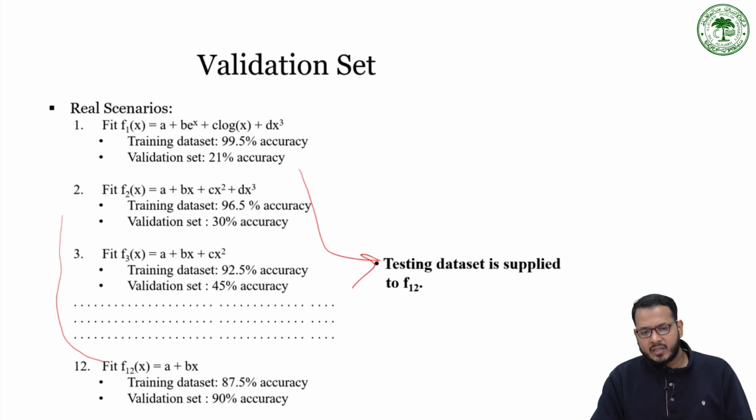If we compare that with the previous scenarios, previously we were supplying the testing data set to all these models. That's why it was exposed to every model. However, in this case, we use the validation set in place of the testing data set, and the testing data set was reserved only to test the performance once we have finalized our model.